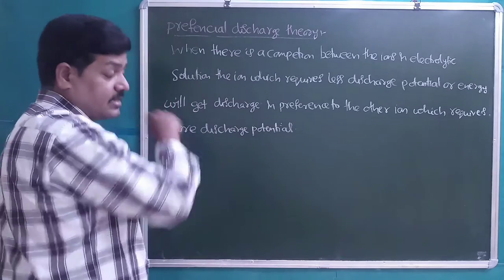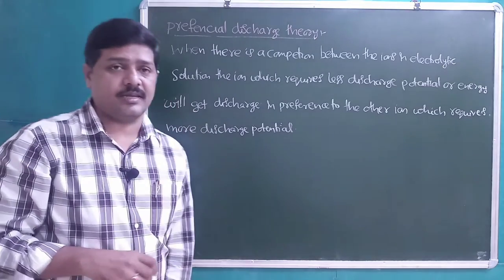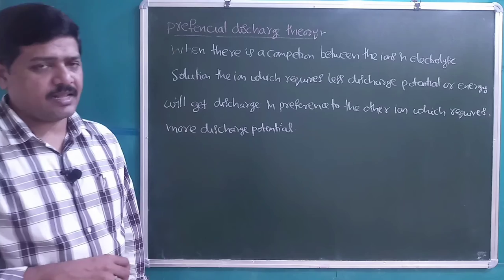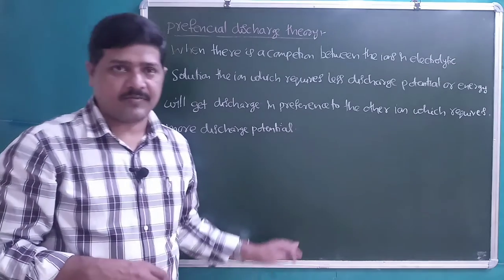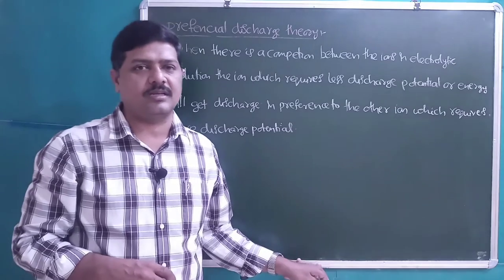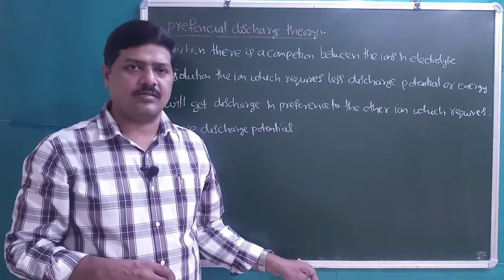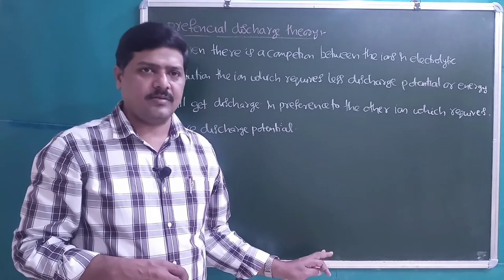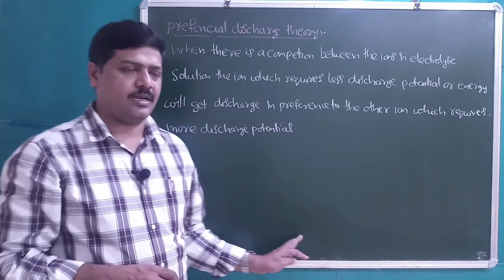Students, already we have discussed the electrochemical series. Whatever metals are present at the top of the electrochemical series, they need more discharge potential. Those ions, if you want to discharge them, need more discharge potential, right?